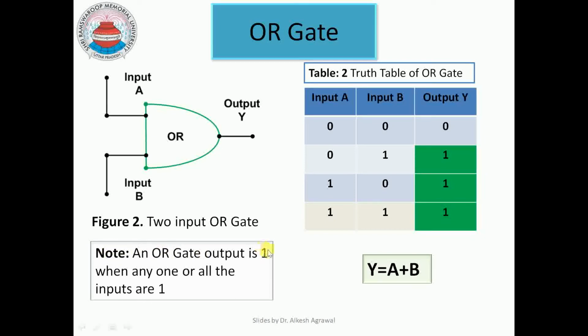So the uniqueness of this gate is an OR gate output is high or 1 when any one or all the inputs are high. In only one condition, we get low output, that is when all the inputs are low. And this is Boolean expression y is equal to A or B. So this is not plus, this is y is equal to A or B.